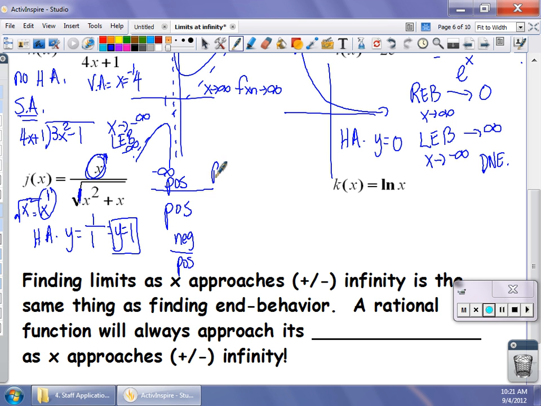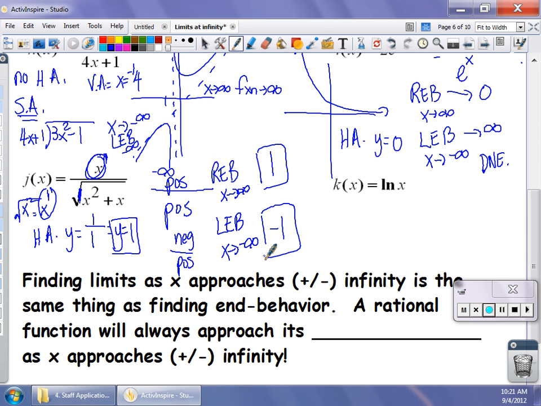So the right-hand behavior, as x goes to positive infinity, would be 1. There's that horizontal asymptote. The left-hand behavior, as x goes to negative infinity, would be negative 1, because we're getting negative outputs on the left-hand side.